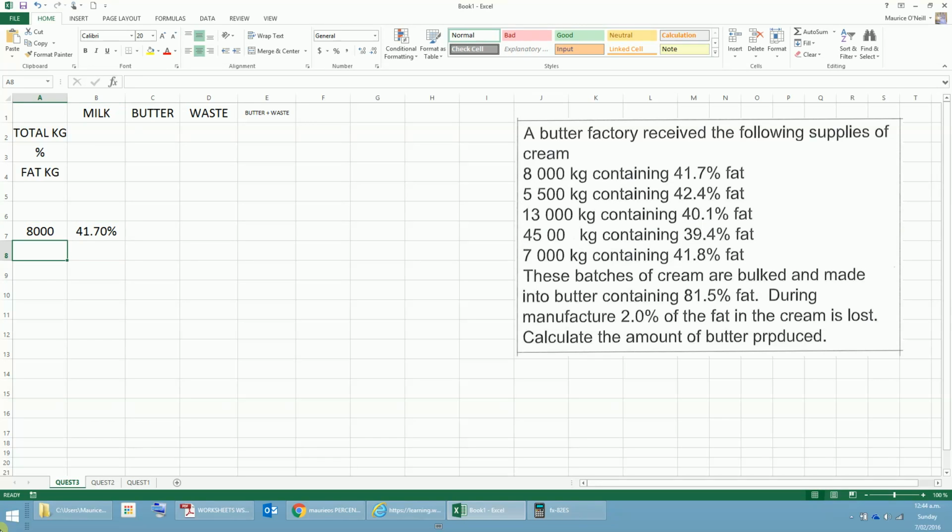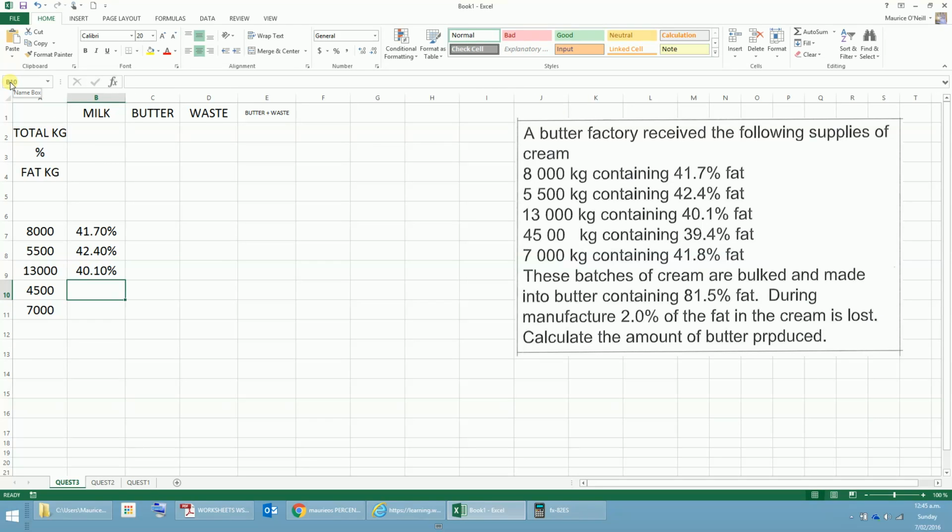Okay, and then we've got, so I'll just put all these in: 5500, 13000, 4500 and 7,000. Okay, and then that one there's 42.4%, and that one there's 40.1%.